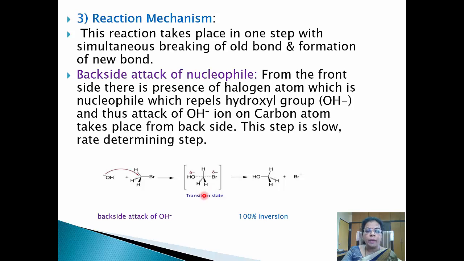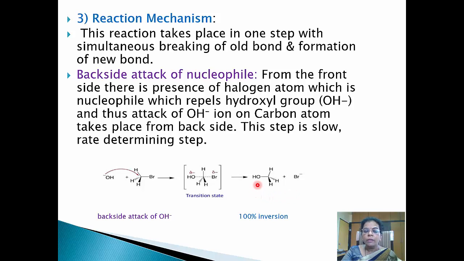Now this carbon atom is pentavalent, that is, 5 atoms and groups are attached to this carbon atom. Due to this pentavalent carbon atom, this transition state is an unstable, short-lived state, which is quickly converted into product, methyl alcohol CH3OH plus Br- ion.